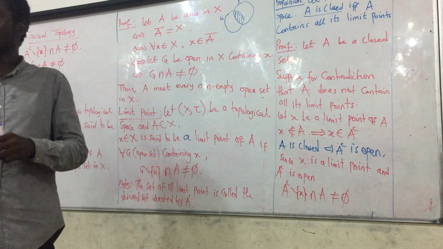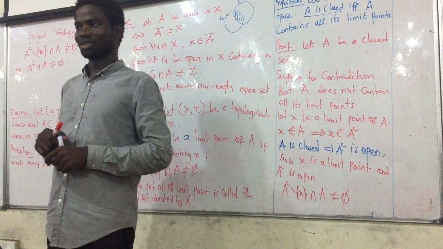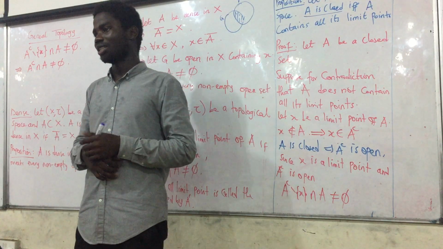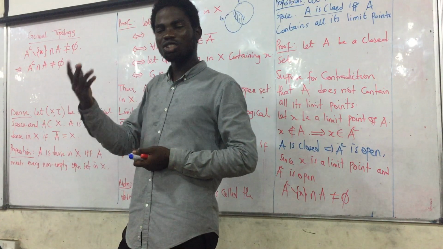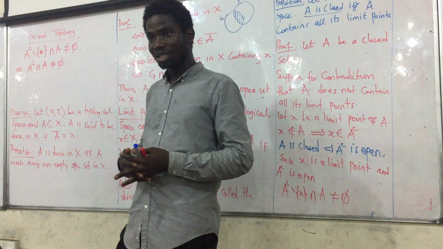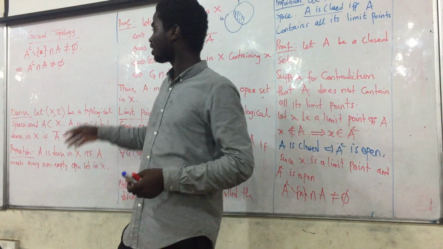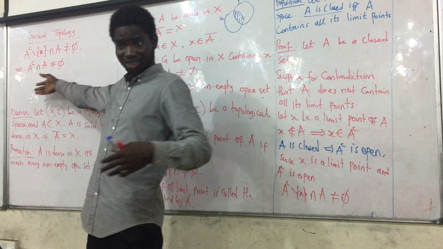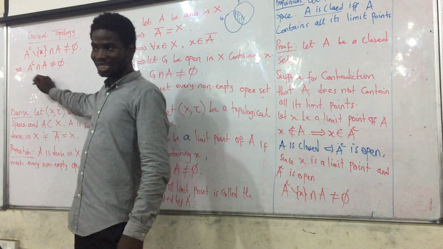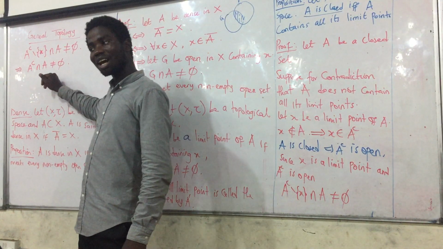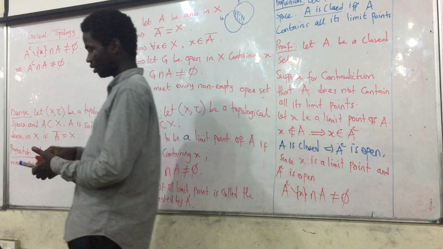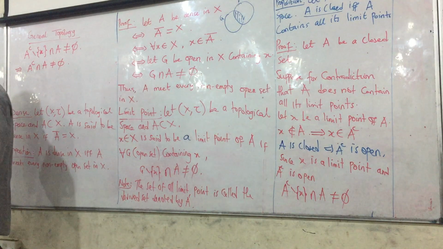How can a set intersection its complement be non-empty? It should be empty. A set intersection its complement does not have anything in common. What's the complement of a set? The elements in the universal set that are not in the set. So the intersection can never be non-empty. It should be empty.